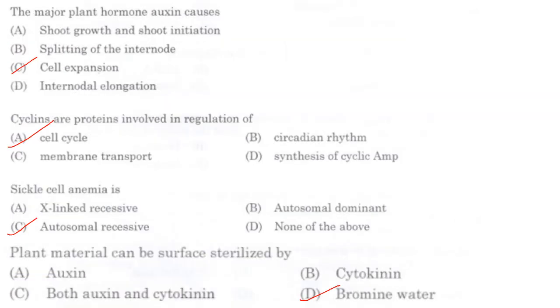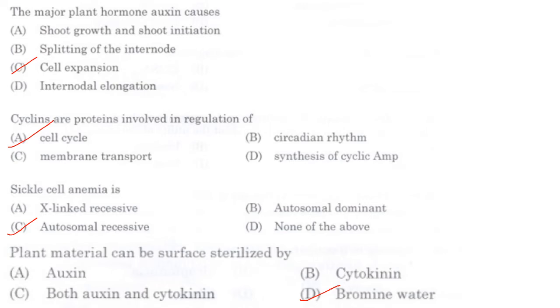Then the major plant hormone auxin causes cell expansion. Answer is option C. This is also a repeated question. Then next one, cyclins are proteins involved in the regulation of cell cycle. Answer is option A. Sickle cell anemia, this was also a repeated question, is an autosomal recessive condition.